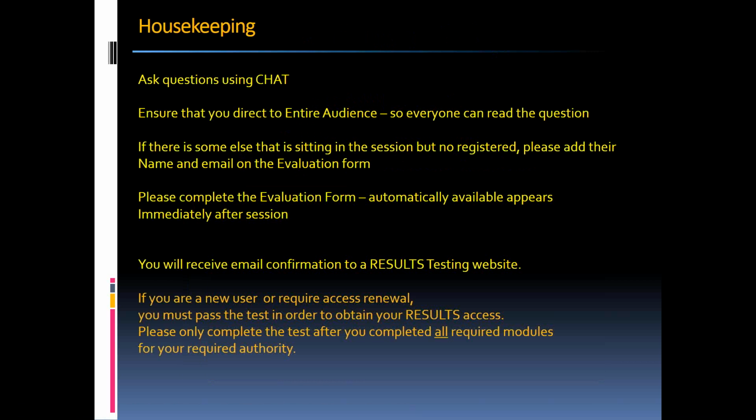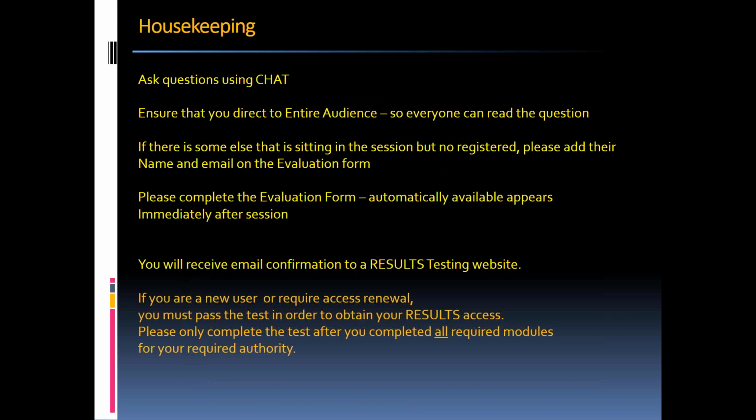If you are new to results, and we did have a few people that are new to results and you're needing access to results, we have a results access policy which requires people to know something about results. So this testing website allows us to confirm that. Just complete the test questions based on what kind of user authority you require, but you need to pass the test in order to get your access.